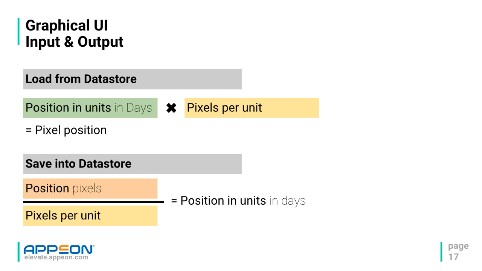Your data window just knows you have drawn it from this pixel position to this pixel position. So you need to divide that pixel position by pixels per units, and then you get your day. You get that 13 and 14. And then, as soon as you have that information available, you can save it to the data store.